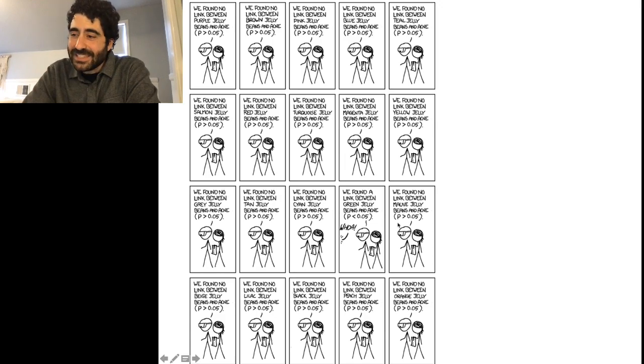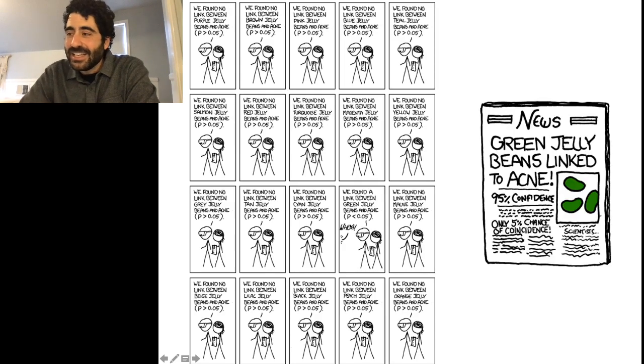And the idea is that this is the study that gets all the interesting attention, and you get headlines like, there's a significant result here. There's only a 5% chance of coincidence, which is also not the right way to interpret a p-value anyway. But the idea here is that if you only saw this single green jelly bean experiment, this might look interesting.